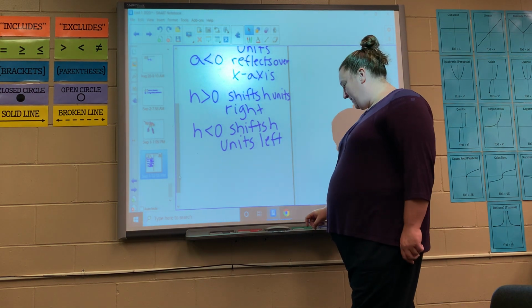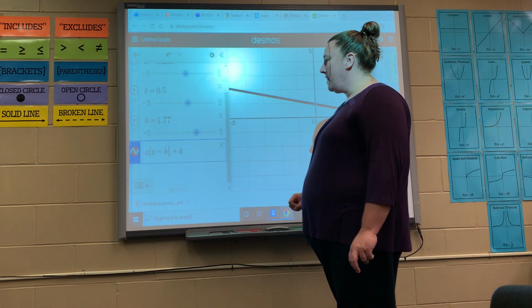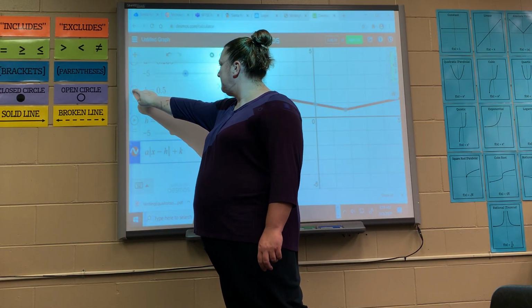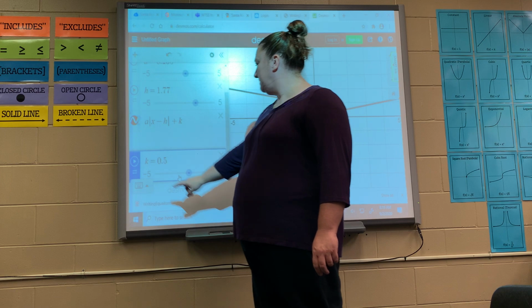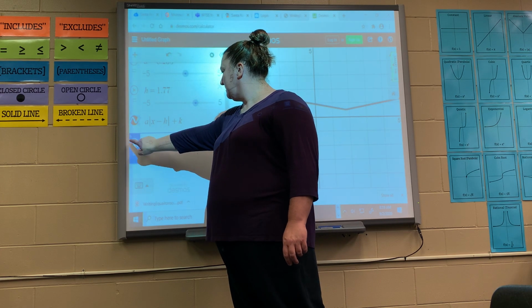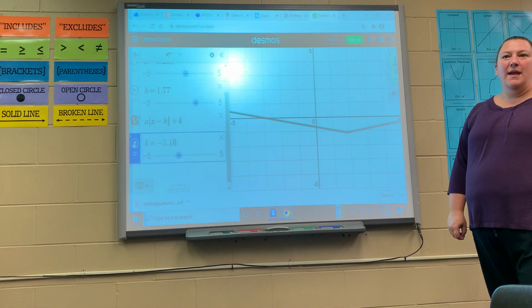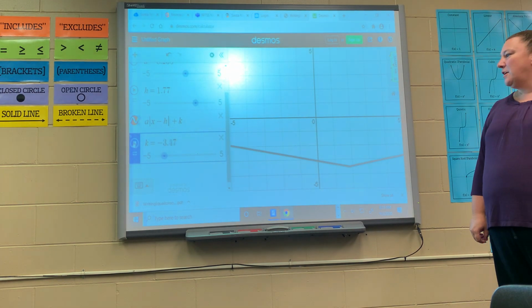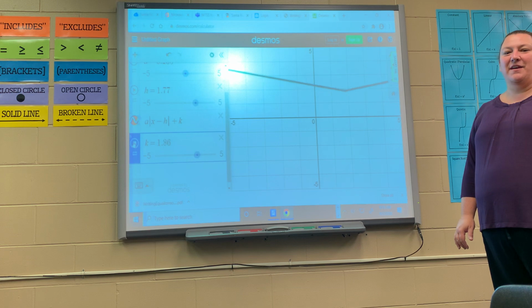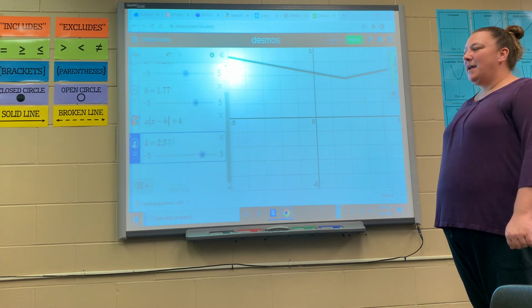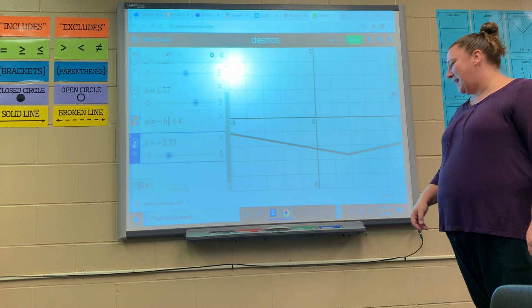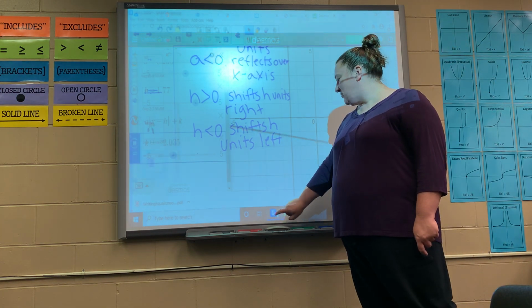Now let's look at K. Oh, look, with K, it moves up and down. So when K is positive, it moves K units up, and when K is negative, it moves K units down. Isn't that interesting?